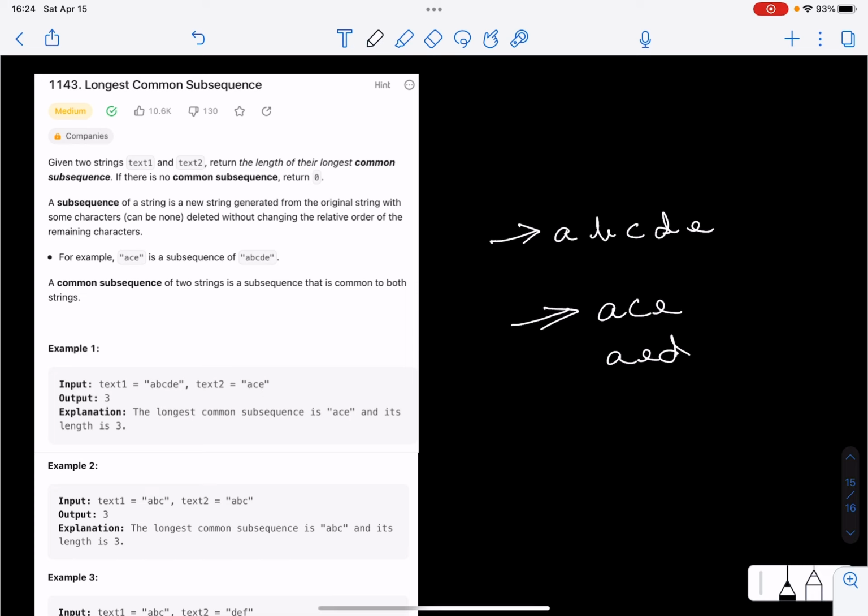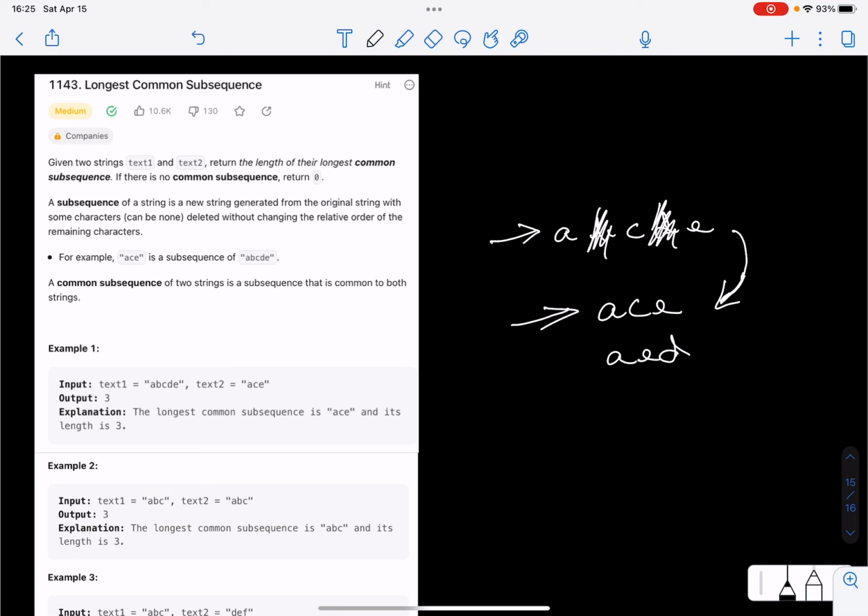How? We can do so by removing these two characters. So we generated a new string by removing a few characters from the given string, and doing so is essentially called generating a subsequence. So we created a new string ACE and it's a subsequence of the given string ABCDE.